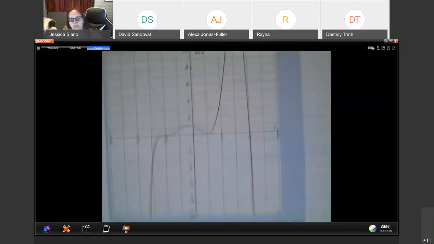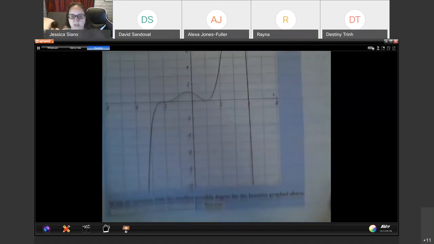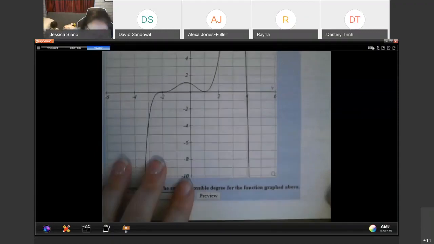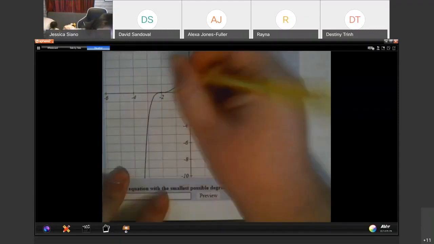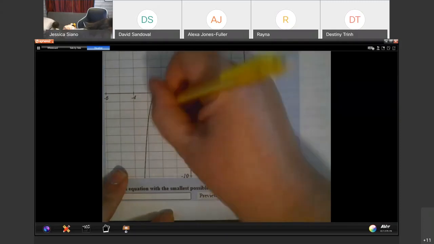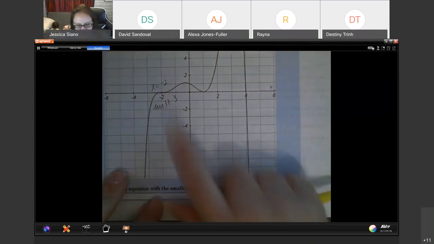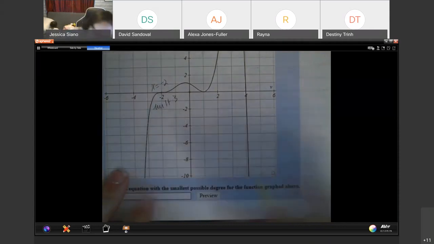So the function with the smallest degree, okay, well here I have x equals -2, and that is multiplicity 3. We know that that is multiplicity 3 because it is curving.